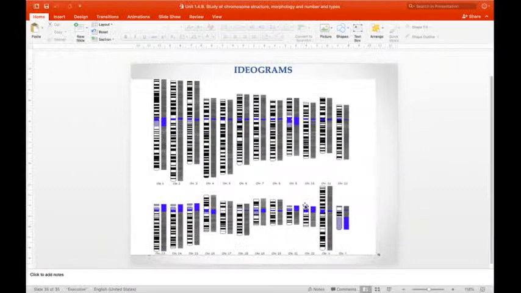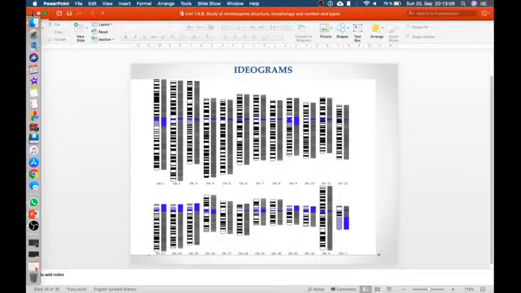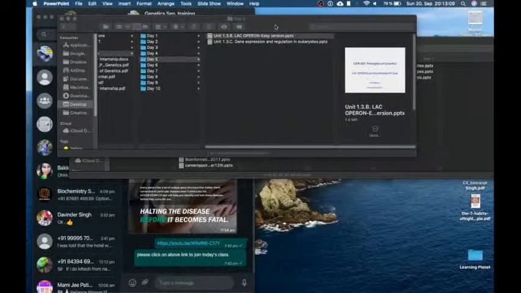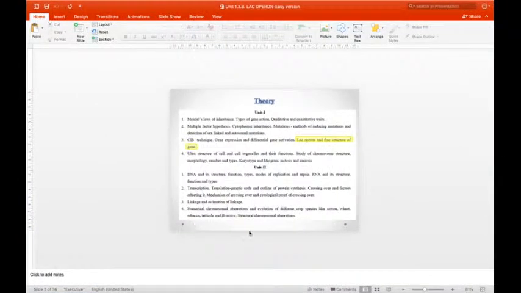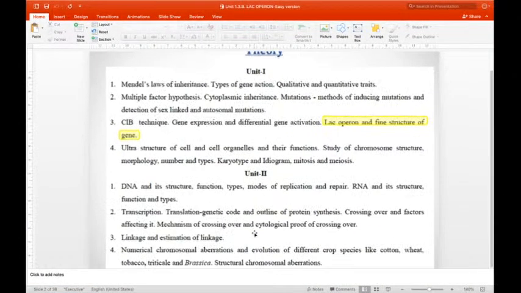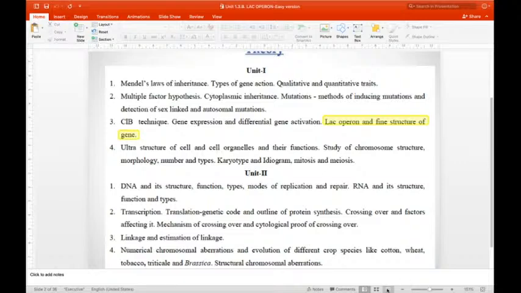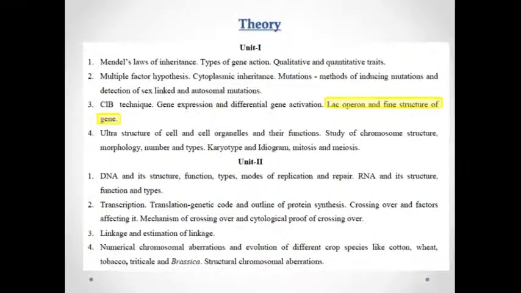So that was short and simple to understand. Now comes the interesting part, that is the Lac Operon and fine structure of genes. So we understood how gene expression works, various gene activations and various processes, in a nutshell.